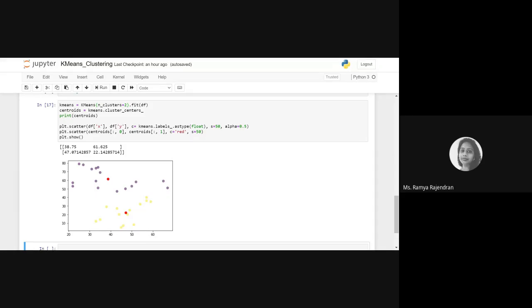I calculated Euclidean distance for hierarchical clustering, and that video is also shared, so you can look at how Euclidean distance was used to create a dendrogram.